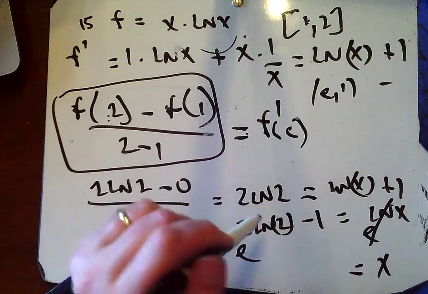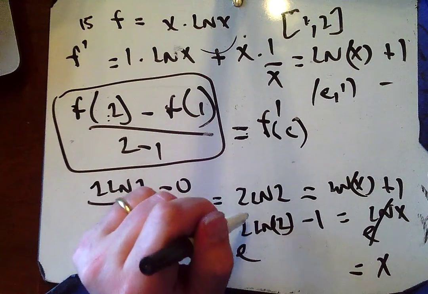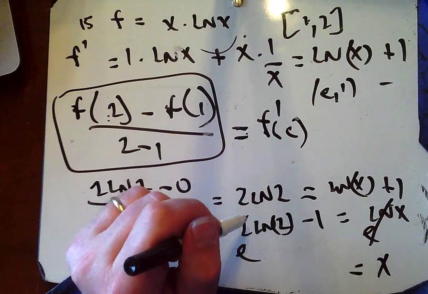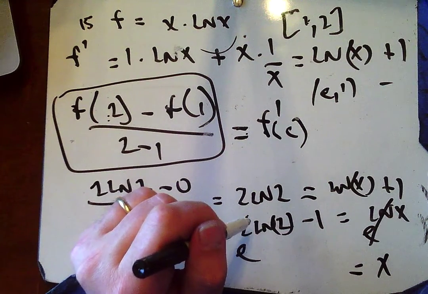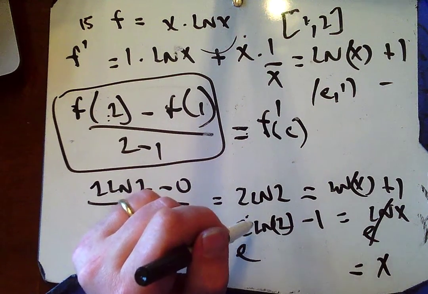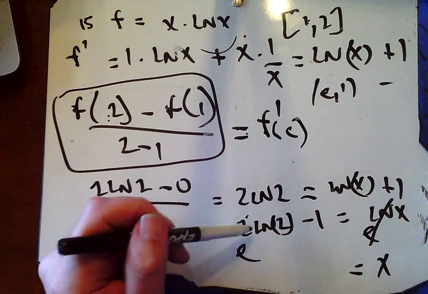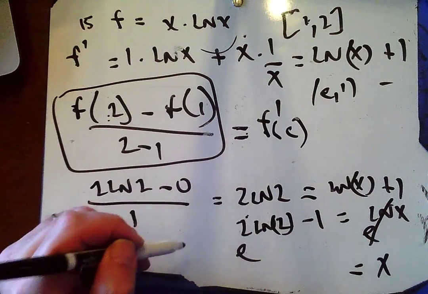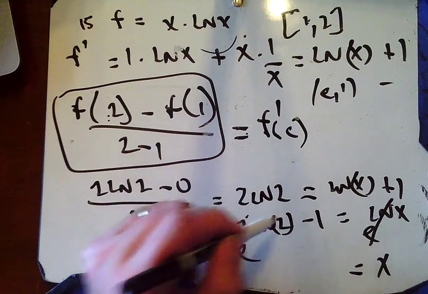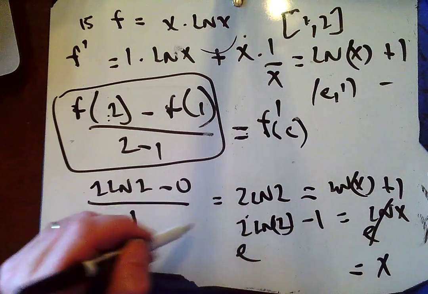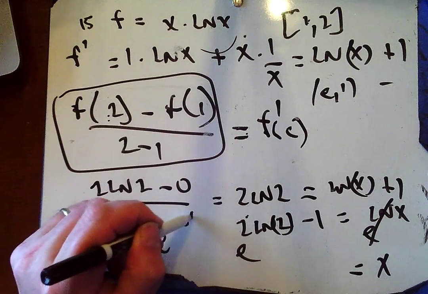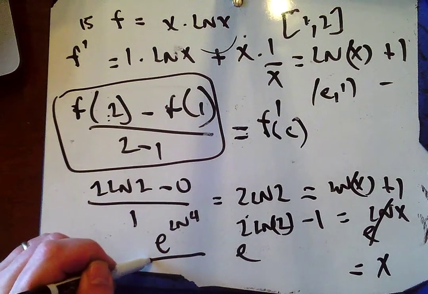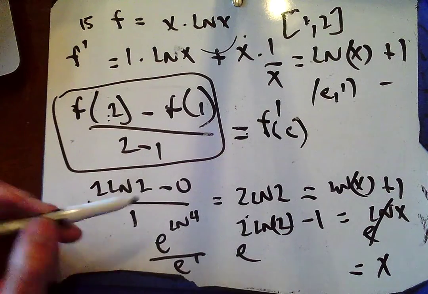Now, it may be worth our time to, so here's what I'm thinking. When is it that I subtract exponents? That's when I'm dividing. And I could kick this up with the power rule and be 2 squared or 4. So e to the ln of 4 over e to the 1.